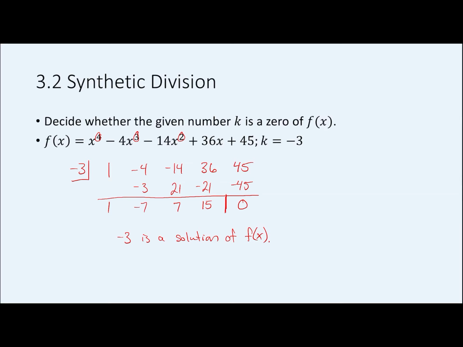So, because our remainder is a 0, that does tell us that -3 is a solution to this equation. And so we would say just that, -3 is a solution.